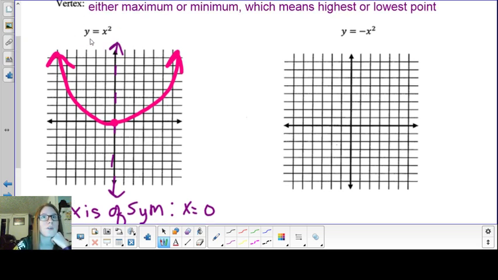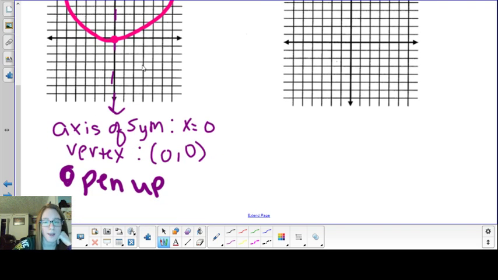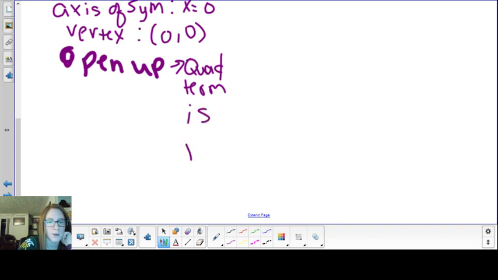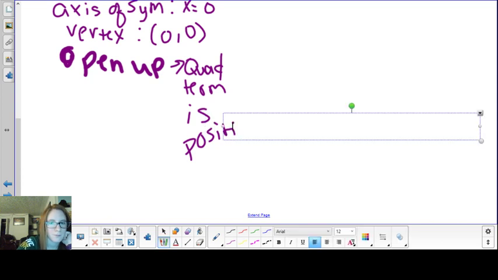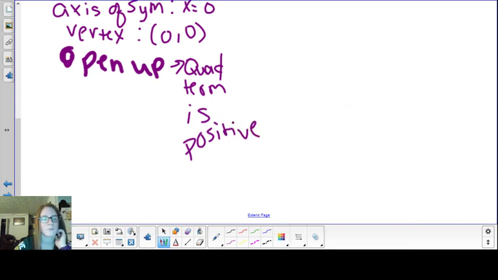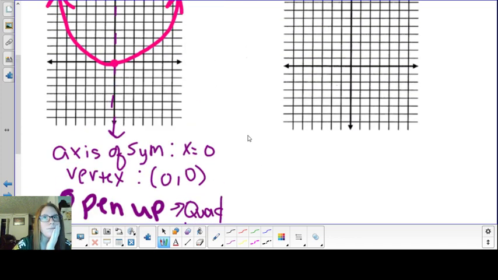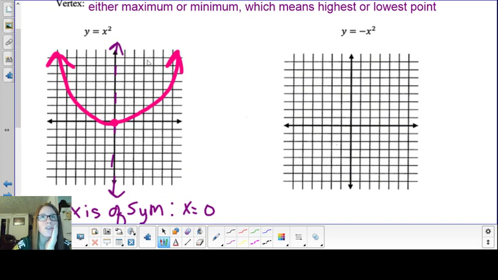So when your quad term is positive, that's what tells you you're opening up. Again, nice U shape going on.